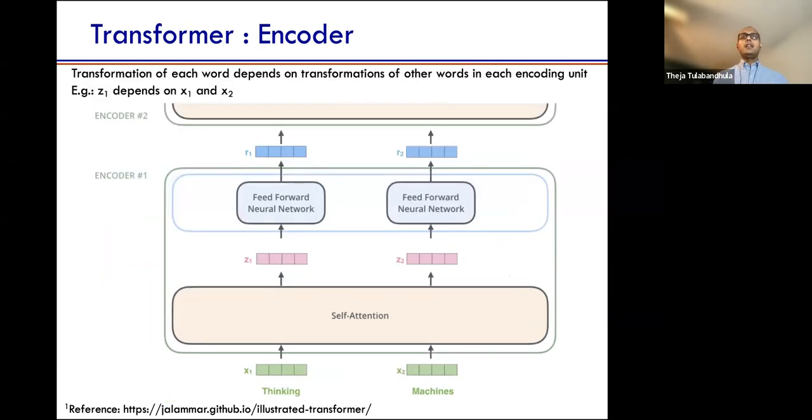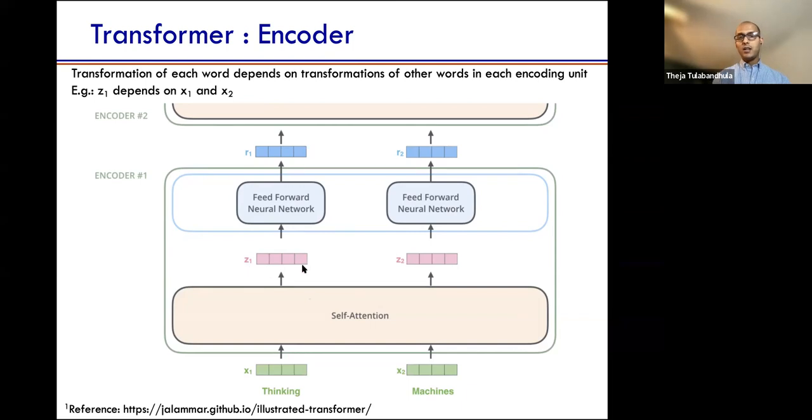The important idea, and we're going to zoom in on the self-attention part, is that I'm going from x1 to z1. So for each word on the input side, there's always going to be some vector at any encoder level, either the self-attention output level, the feed-forward output level, or any encoder output level.